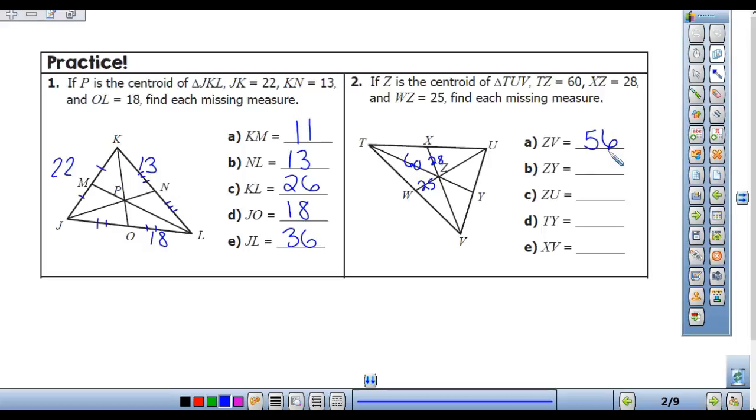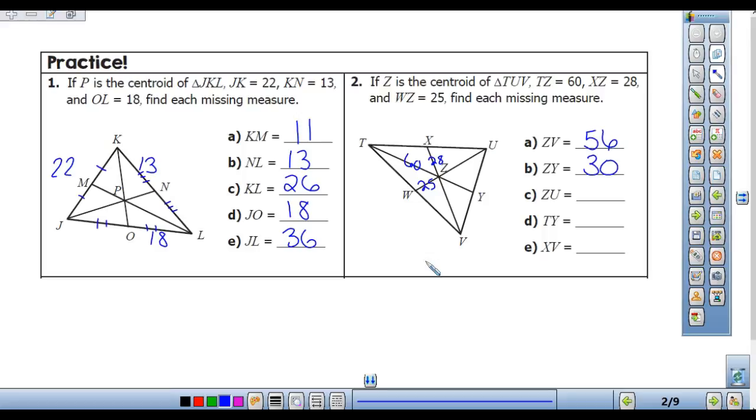ZY is this one right here, so ZY is going to be how much of TZ? Half of it, so 30. No, it's going to be a third of the whole thing. It's going to be half of the big one.